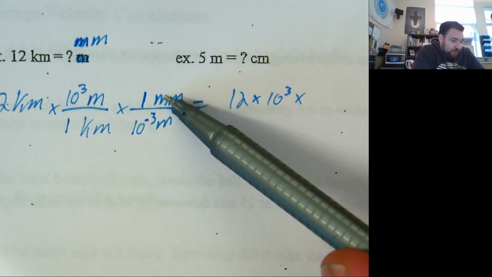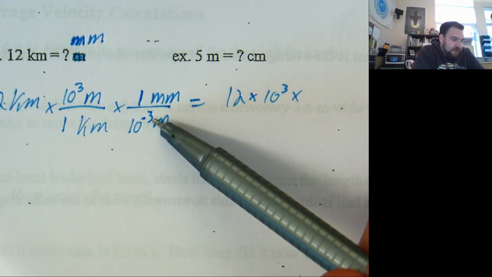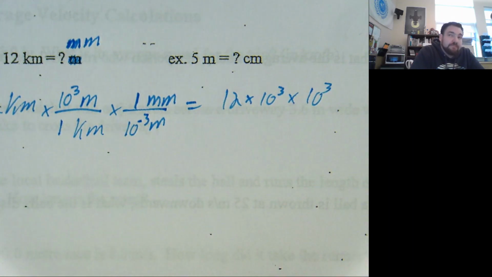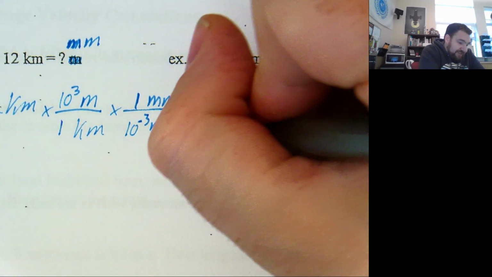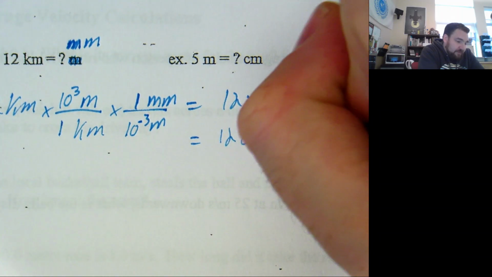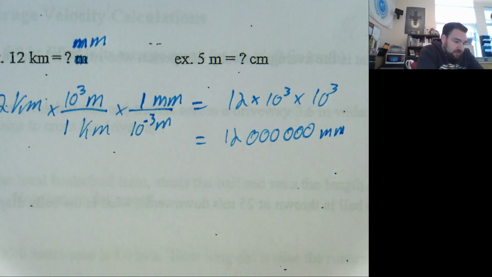I'm going to flip it up to the numerator and make the exponent positive. So that's going to be 6 zeros, so that is 12 million millimeters in 12 kilometers.